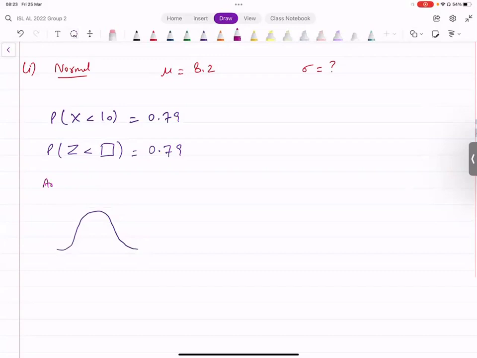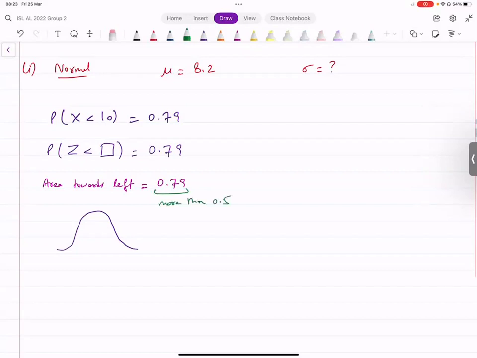So area towards left, that is 0.79. अब देखें, this area is more than 0.5.